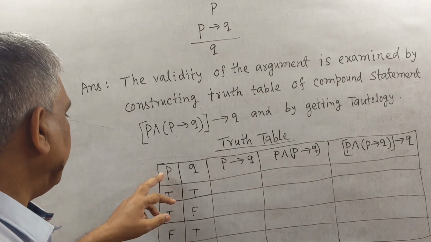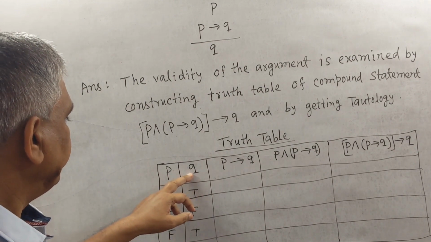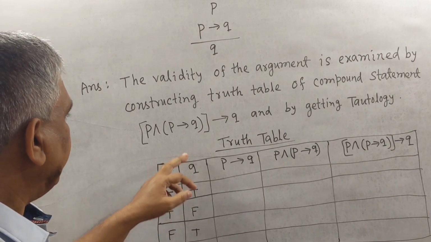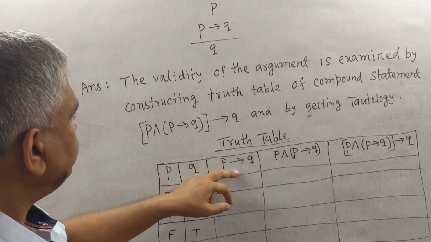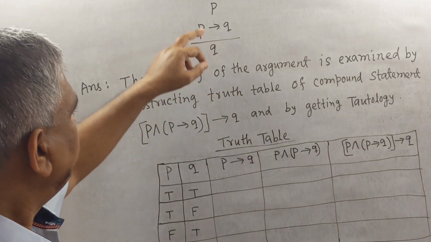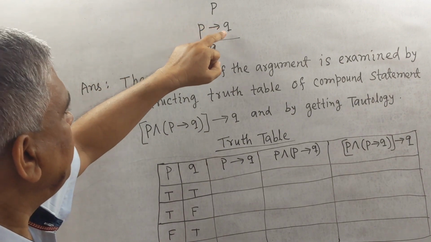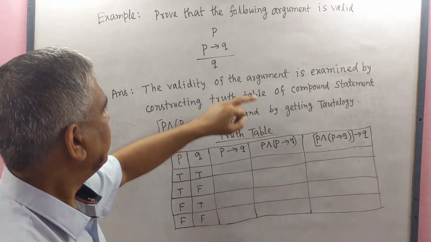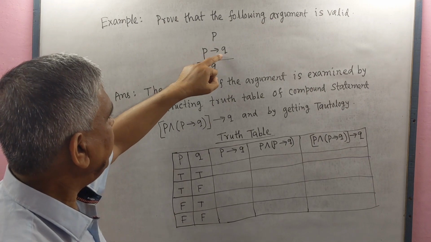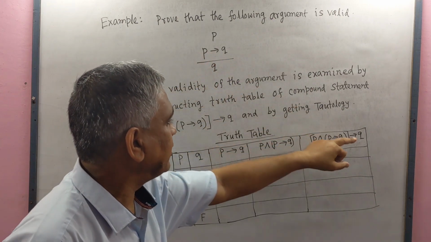Now we write here P and Q. So then P → Q, then P ∧ (P → Q), then (P ∧ (P → Q)) → Q.